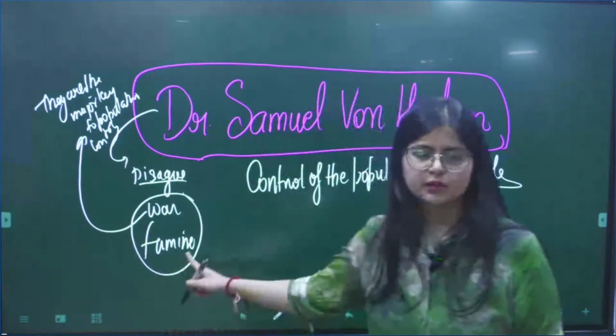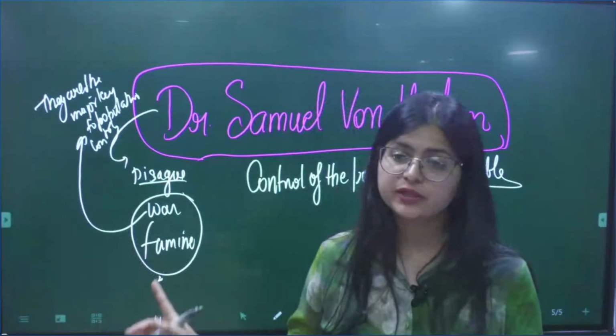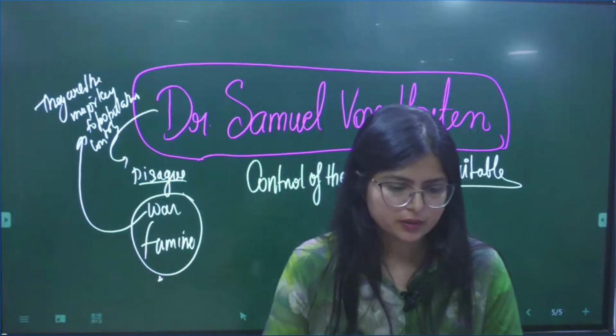So this was not accepted by them, right? They are not the only key, and also they are not the major key for population control.